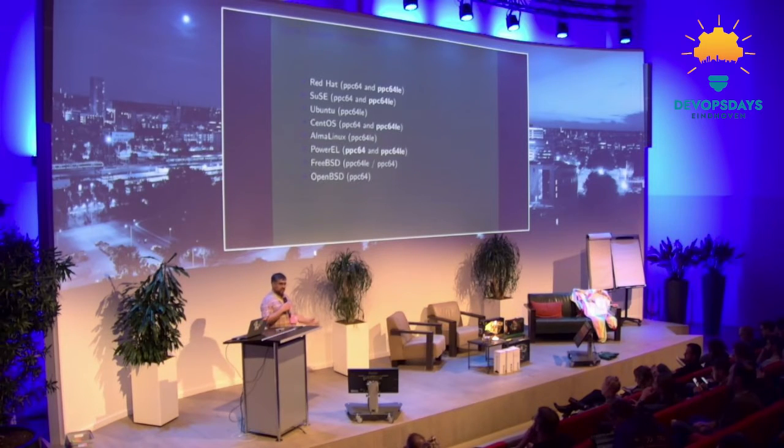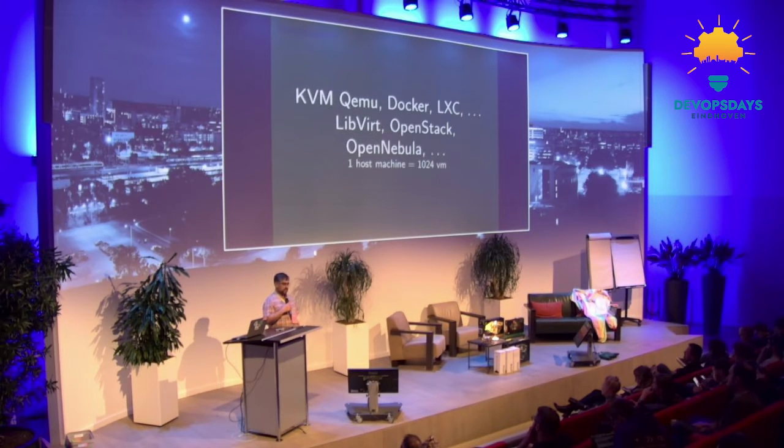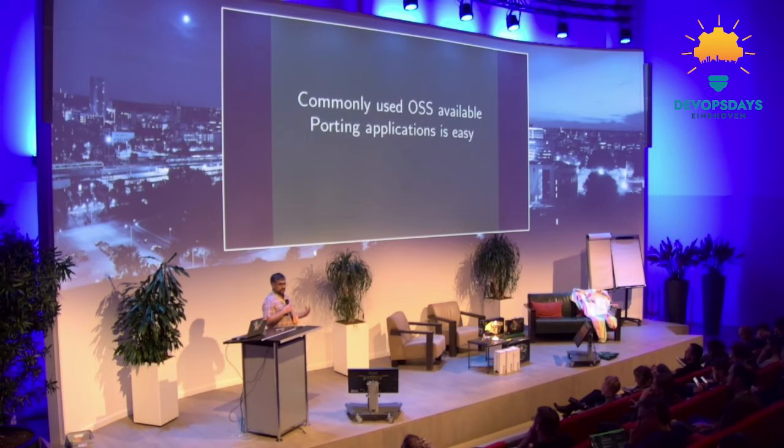We also now have the BSD community joining in, so they are also becoming available on it. If you look at your normal traditional open source ecosystem, typically everything will run on this type of machine. One host machine typically can run about 1,024 VMs. If you run containers, it's much higher density.